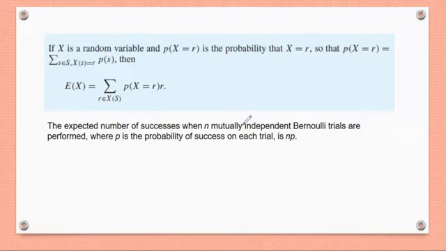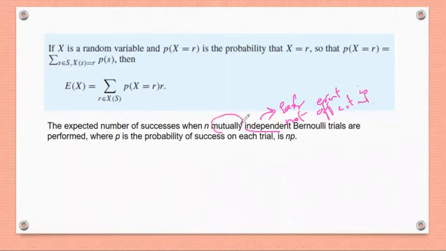Now, what does the term mutually independent mean? Independent here means that whenever we have two events, each event is not affected by the other event.